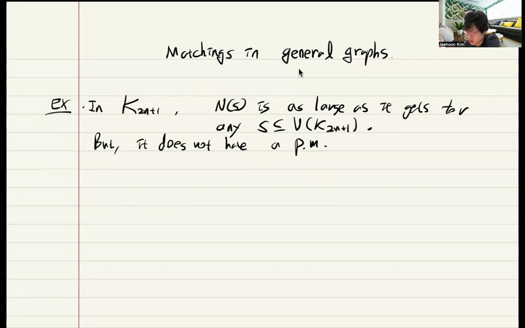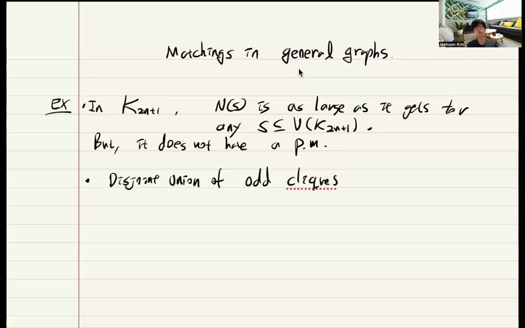But more generally, we can take the disjoint union of odd cliques. Then we can find an example whose matching number is quite a bit lower than the order of the graph divided by 2.